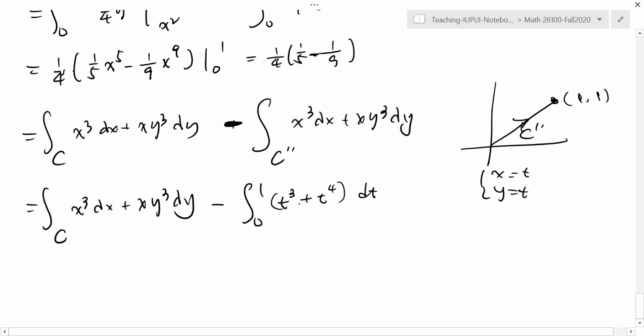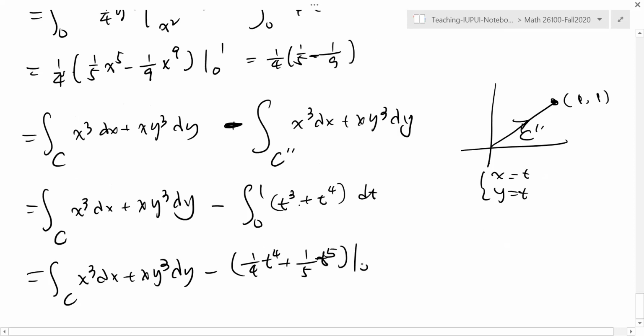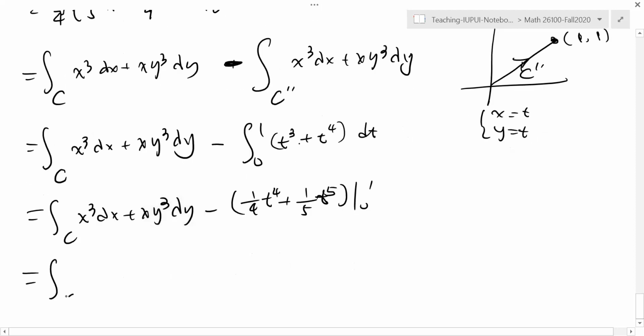Then you find the antiderivative of this function, and you will get a quarter of t to the fourth power plus 1/5 t to the fifth power. Because this example shows you can create a closed curve, but the other piece is easy to parameterize. Then that's a quarter plus 1/5.